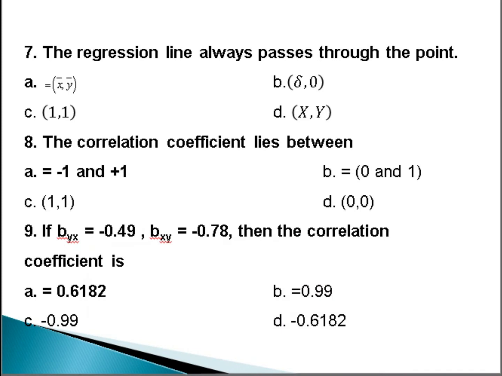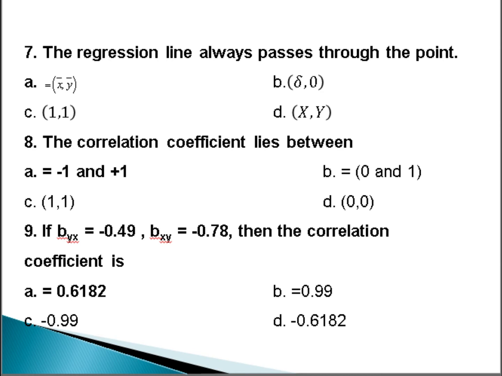Now statement number 7. The regression line always passes through the points A option x bar y bar, B option sigma and 0, C option 1 and 1, D option x and y. So the true option is A, that is x bar and y bar, because the regression line always passes through its mean points.